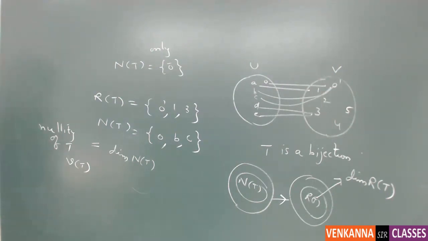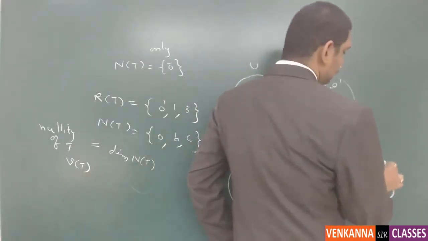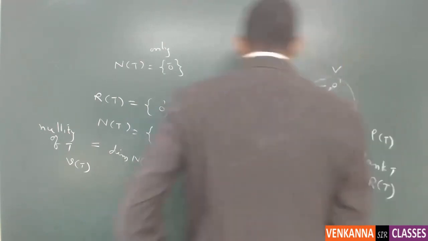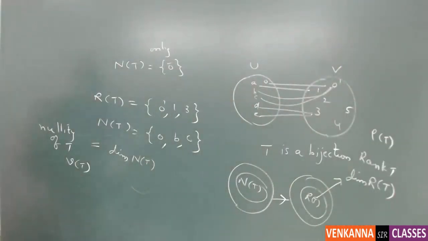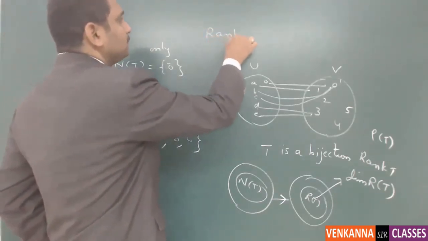So we call it the rank of the transformation, denoted with the symbol rho of T. So these two are interesting definitions. Based on these definitions, one good theorem is framed. We call it the rank nullity theorem.